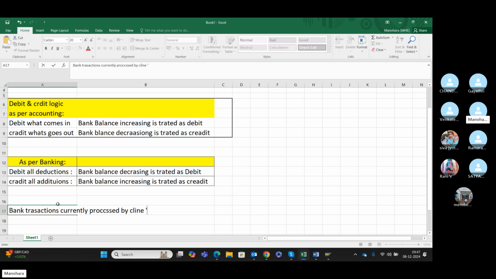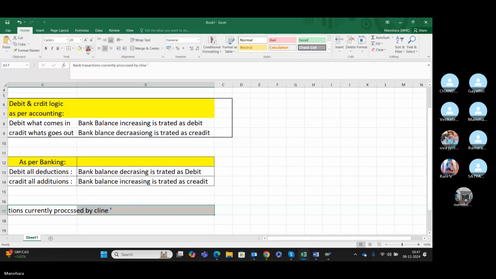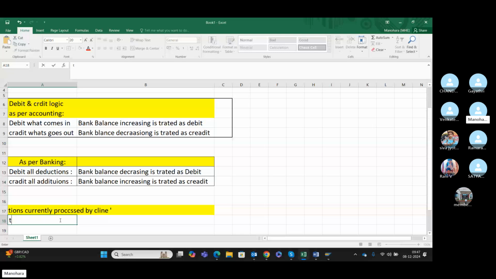So how are clients processing bank reconciliation in the existing system? We need to understand this. Example: first point, how the transactions are happening. We have to understand transactions first of all: how transactions are happening in the existing system and how our clients are doing transactions.